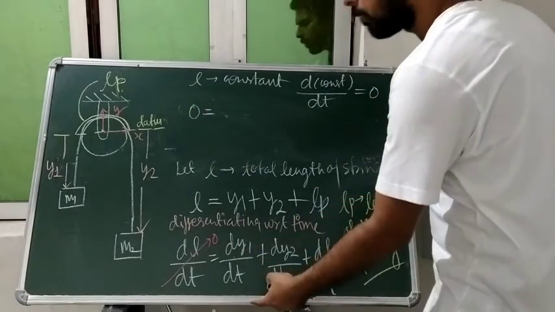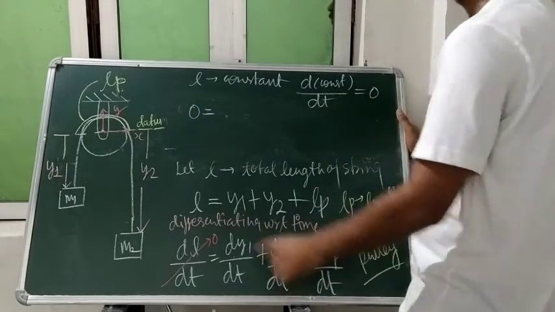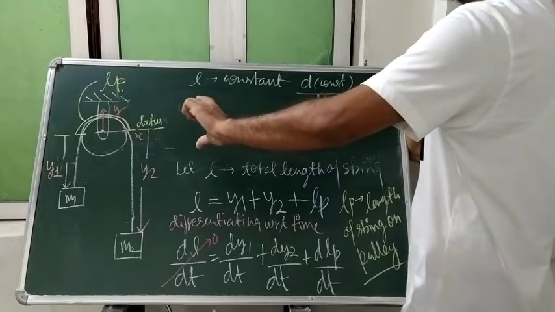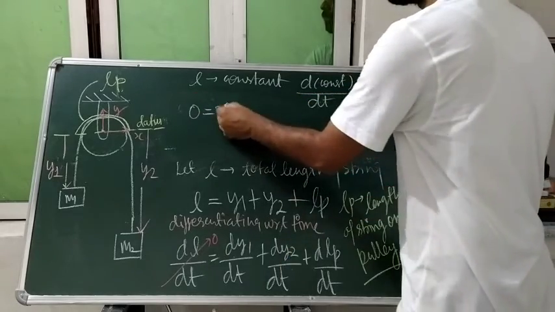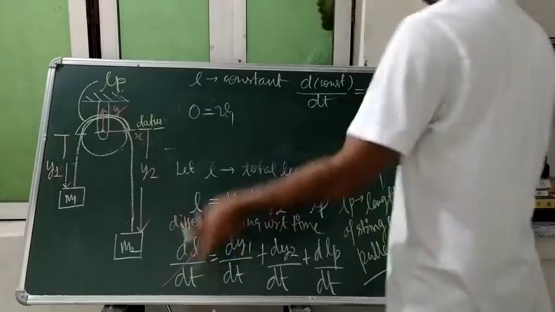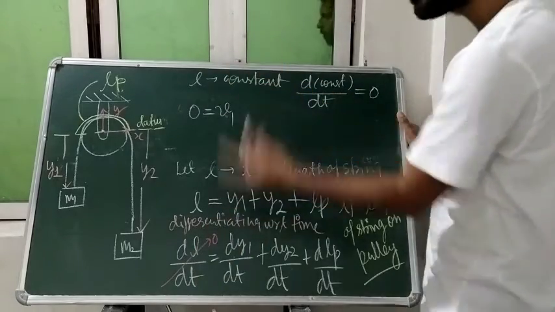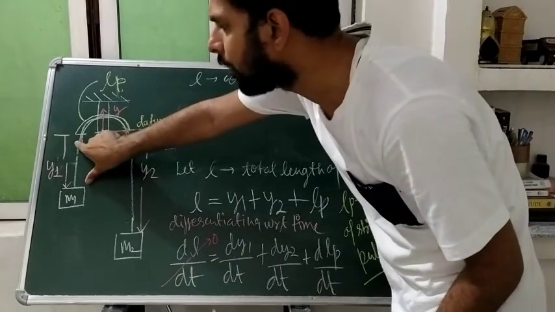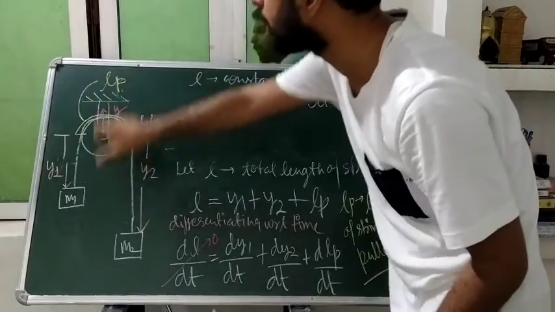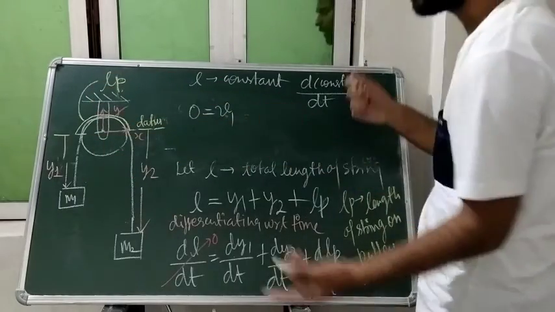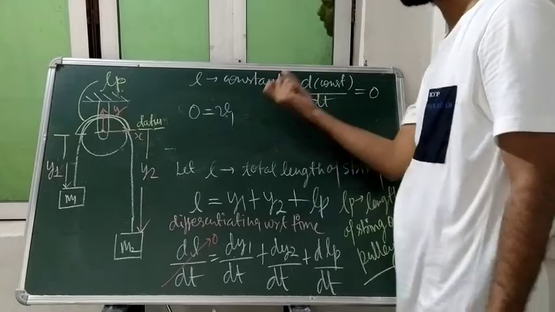And what is dy1 upon dt? It will become velocity. So this will become velocity of this mass m1. It is at the distance of y1, whatever distance is going to change with respect to the time, that will give us velocity.